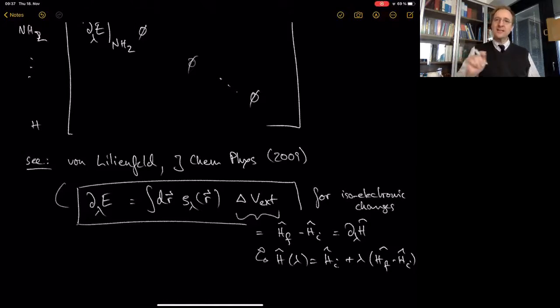Now, also this is related to the question of similarity measures, which we use in machine learning, right? So in some sense, you have here explicitly encoded in the difference in external potentials a measure of similarity between two different systems.